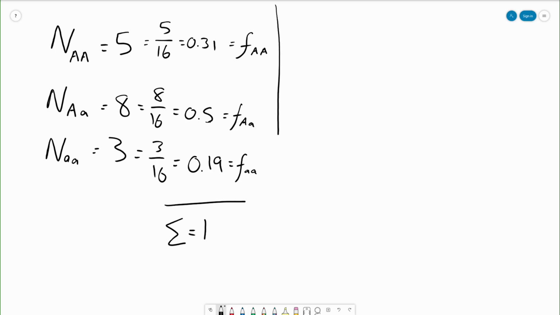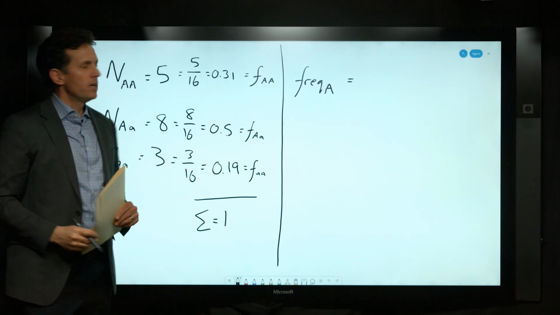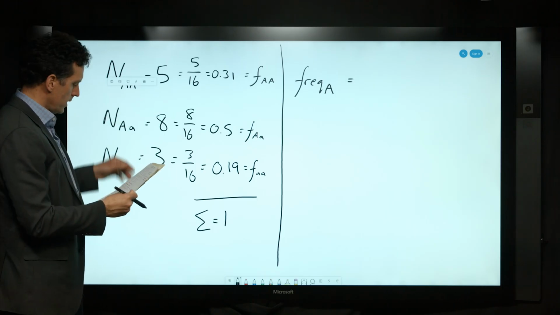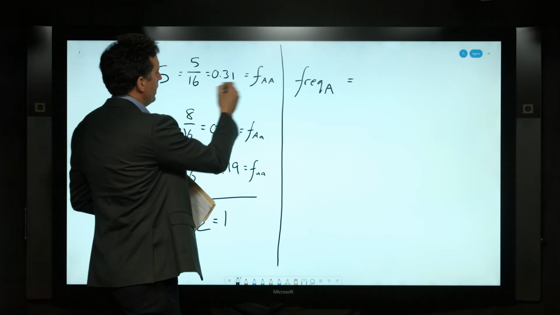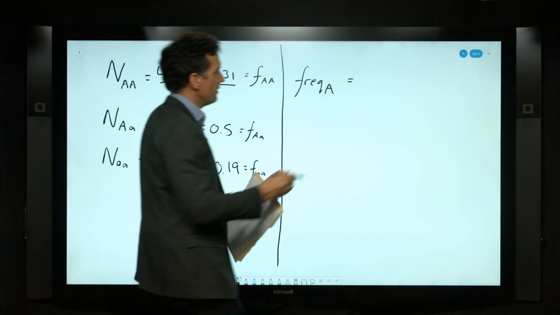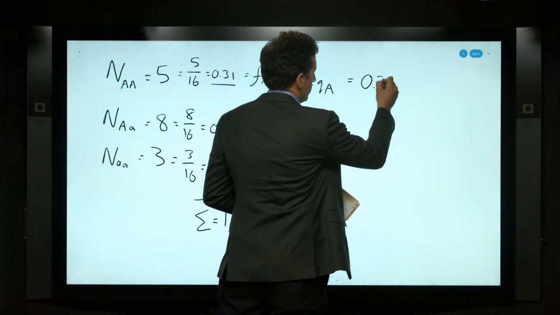So we'll leave the genotypes up there, and we'll ask over here, what is the frequency of the big A allele? And to do that, we need to look over here at our genotypes, and we see that the big A allele occurs in this genotype right here, and it occurs in 0.31 of individuals, so it's 0.31.